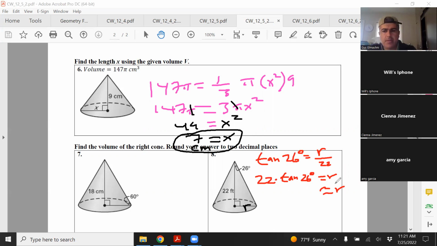You work that out, which is 10.73. That's your radius. And then you're going to do V equals 1/3 pi 10.73 squared times 22.